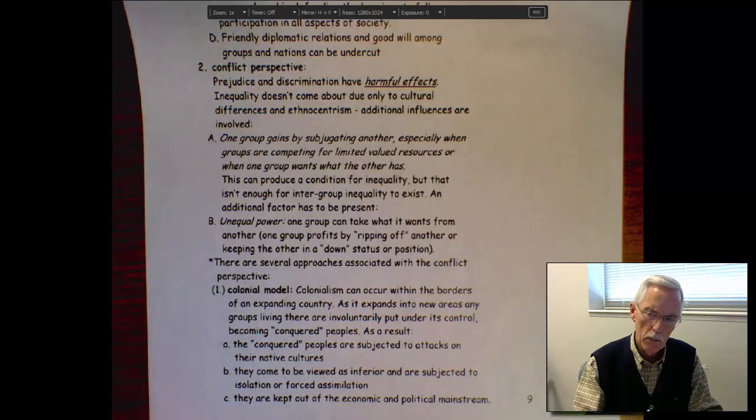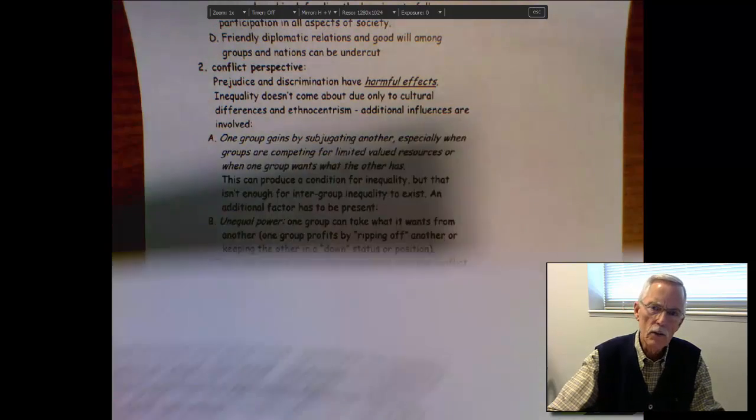And by perpetrating prejudices toward and engaging in discriminatory practices against minorities, those who are in control, the ruling classes, the dominants, can accomplish their end of protecting their interests or enhancing or increasing their interests.